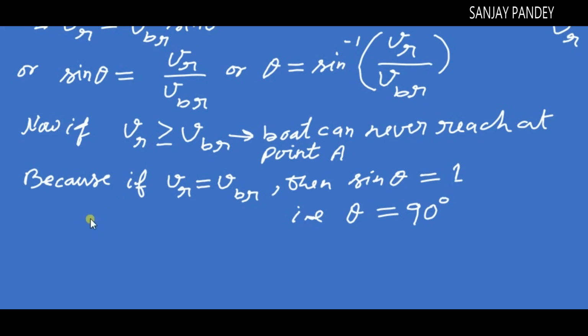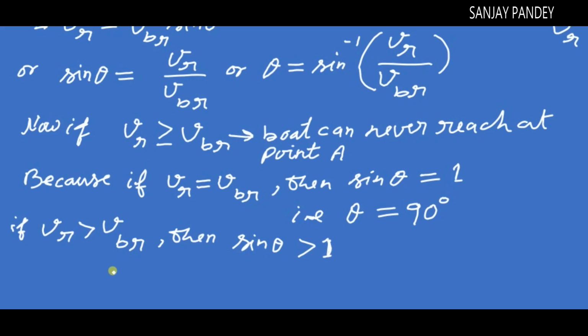And if Vr is greater than Vbr, then sin theta will be greater than 1, which is also not possible.